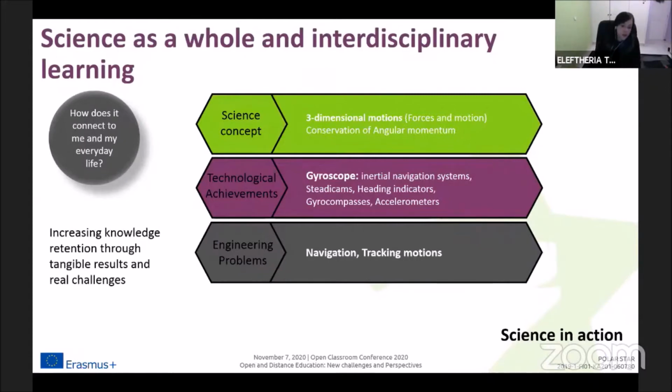And this is obviously flirting a lot with STEAM because you have the science, you have the technology, you have the engineering, and you're already halfway to STEAM. And if we also think about it, math is everywhere, and there's no way you can teach a science concept without math in a class, then you get STEM already.